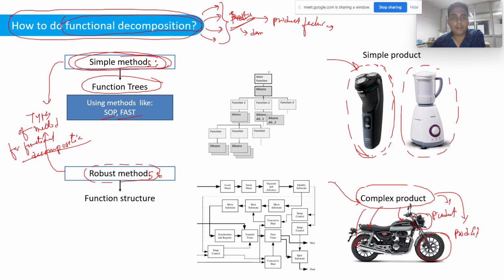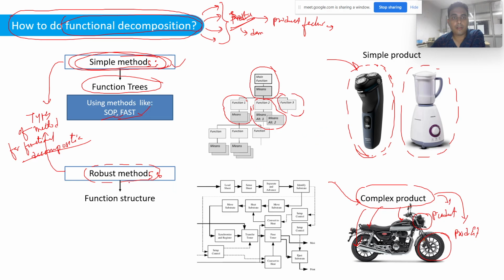A functional tree is where we gather various functions and sub functions into a tree structure, arranged in a hierarchical order. This is the goal of simple methods like SOP and FAST. I'll explain in detail what those are.